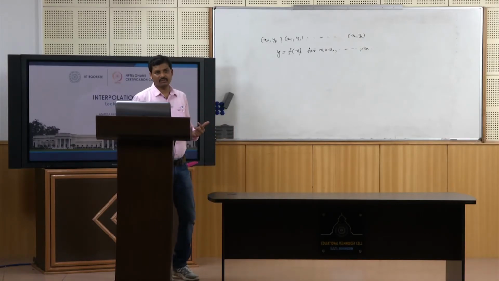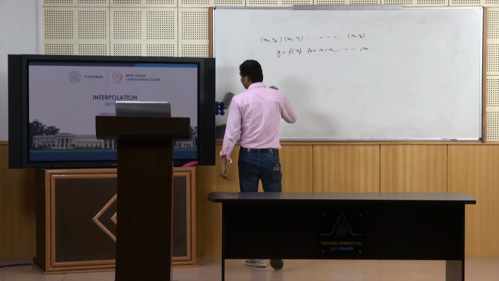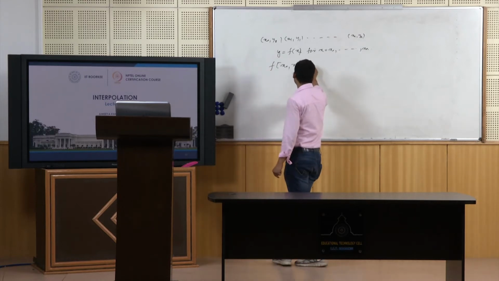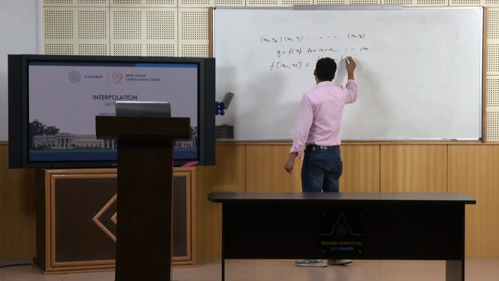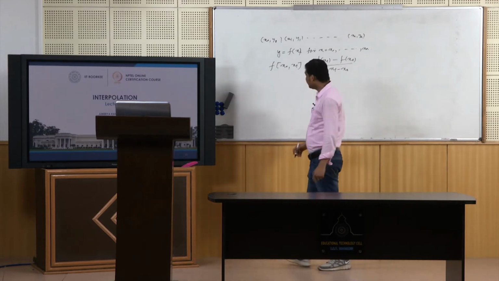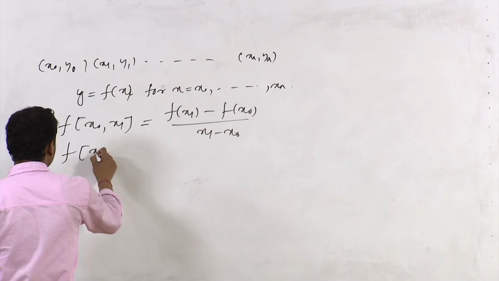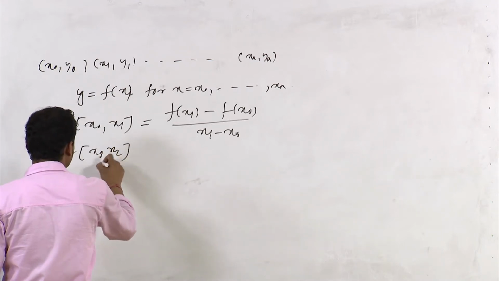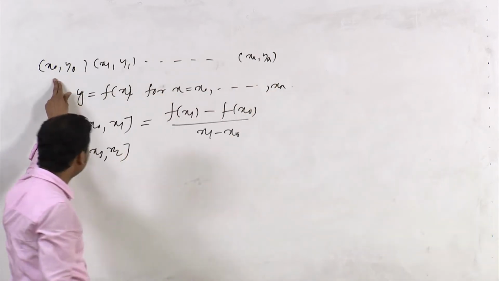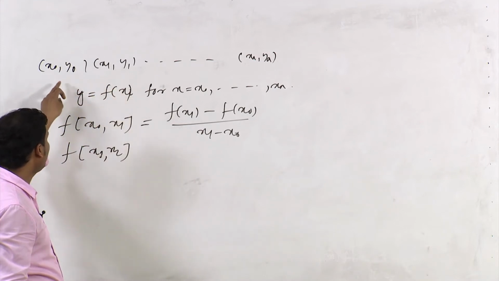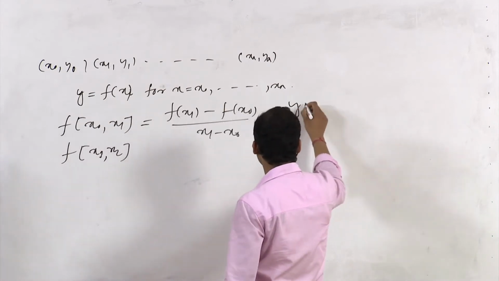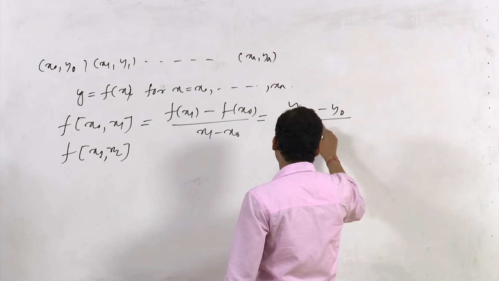We can express the divided difference for this function y equals f of x as f of x0, x1 for two consecutive points. We can write f of x1 minus f of x0 divided by x1 minus x0. Similarly, for x1, x2, the two consecutive points, with starting point x0, next point x1, and associated y values y0, y1, we can also write this first one as y1 minus y0 divided by x1 minus x0.